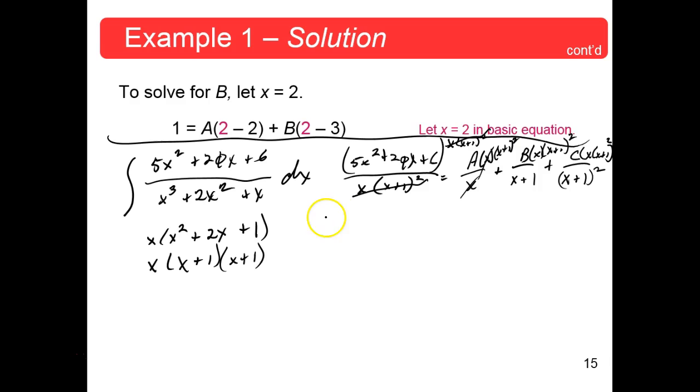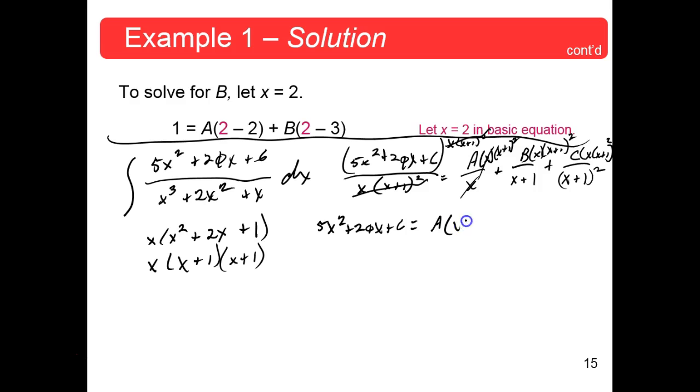So on the left-hand side, you have 5x squared plus 20x plus 6 is equal to, now, A times x plus 1, let's just write it down like that for now.